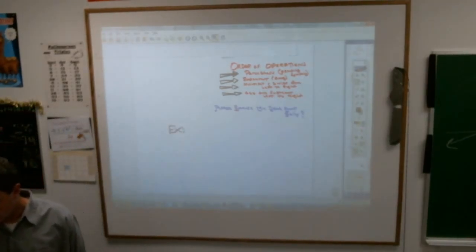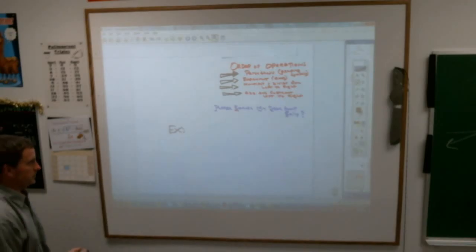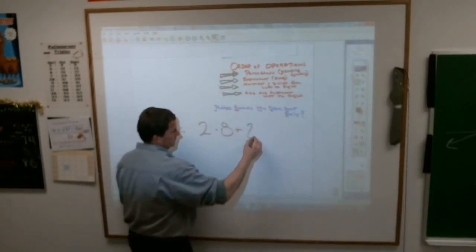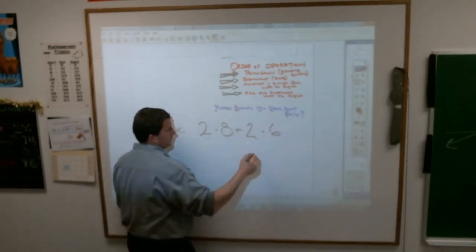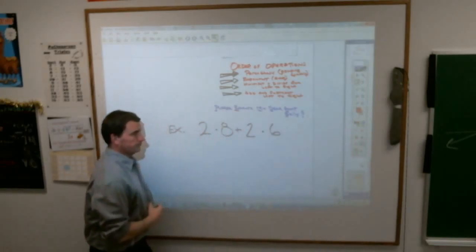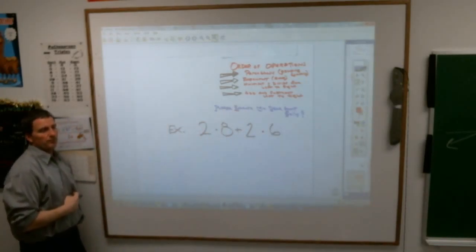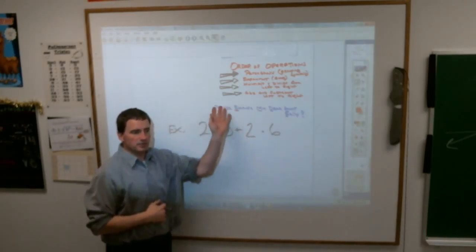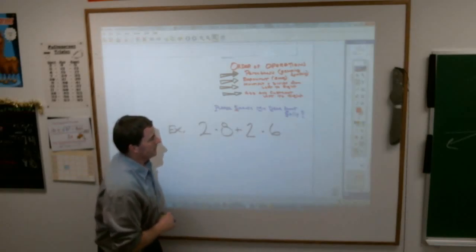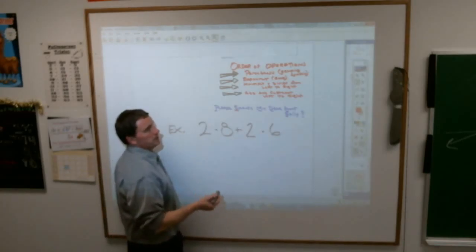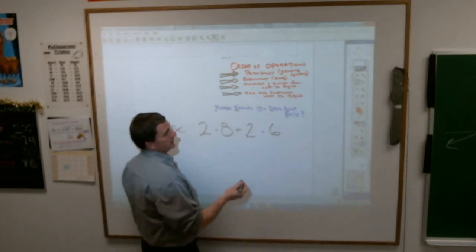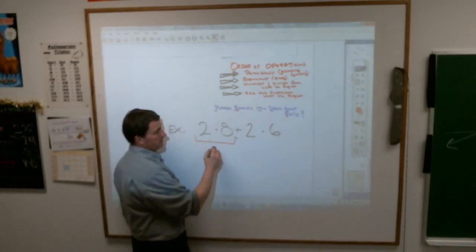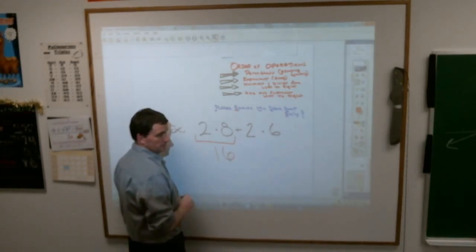Write down this example problem. Let us say we have 2 times 8 plus 2 times 6. If you start at the top of the order of operations, are there any parentheses or grouping symbols? There are not. Are there any powers or exponents? There are not. So we can bypass the first 2. The next thing you have to do is multiplication or division from left to right. 2 times 8 is 16.